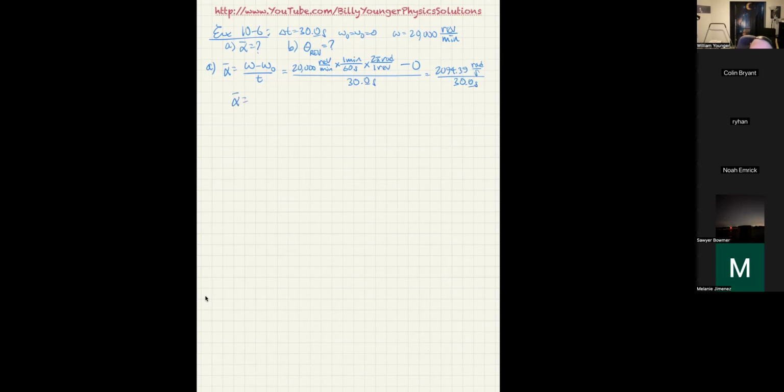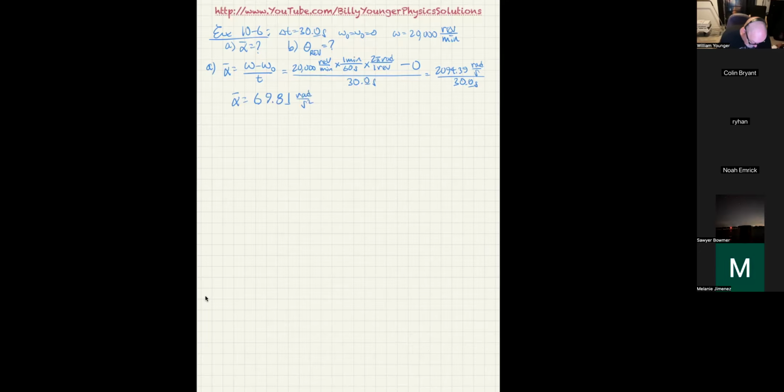So alpha bar, I'm going to divide that now by 30, and that gives me 69.81 radians per second every second.